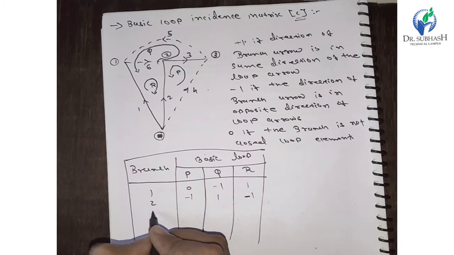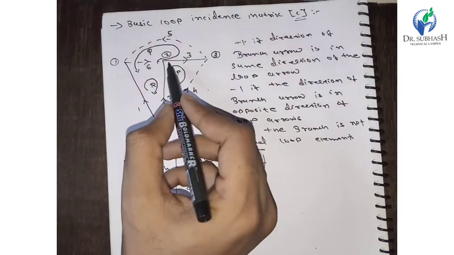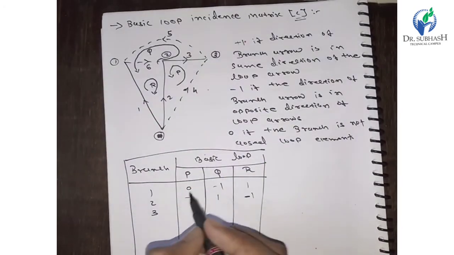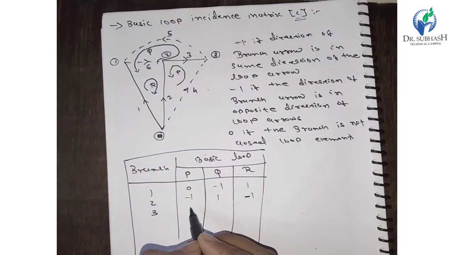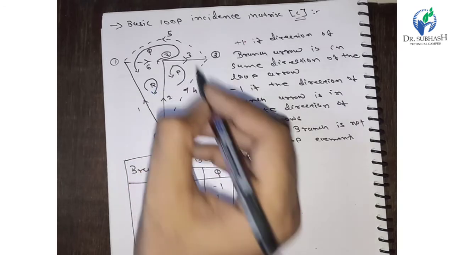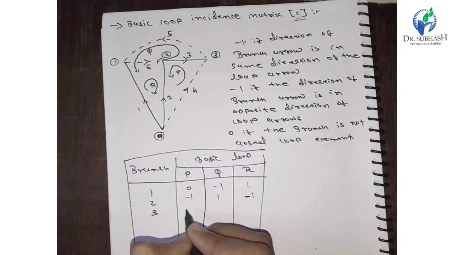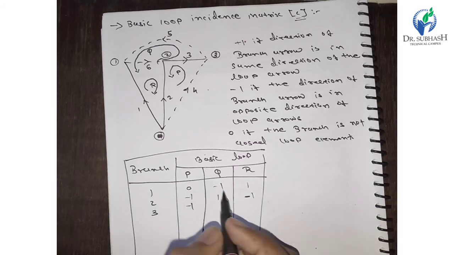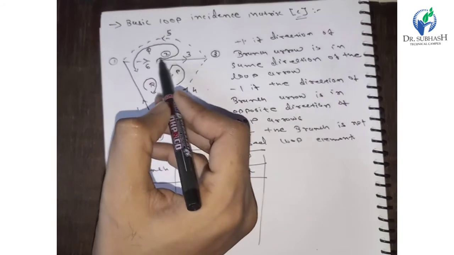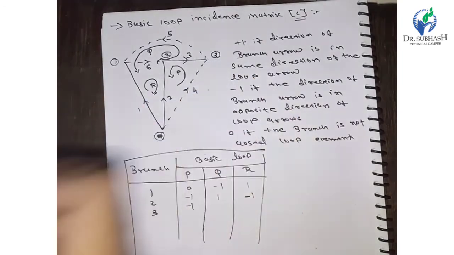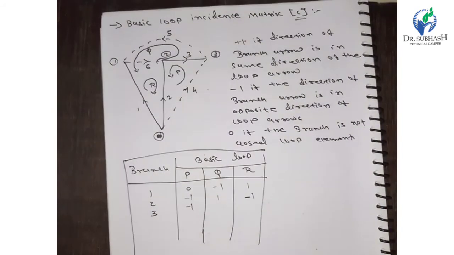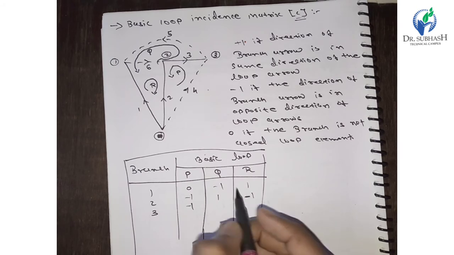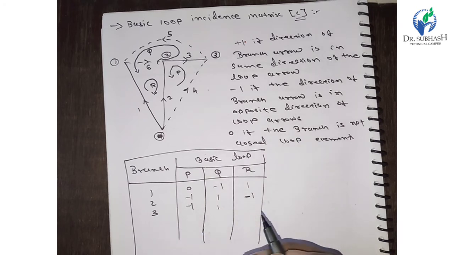When we take branch 3, loop P is in opposite direction with branch 3, so the output is -1. Basic loop Q is in the same direction with them, so the output is +1.